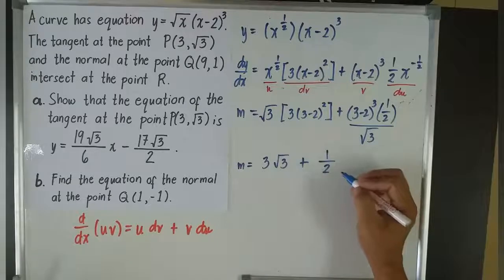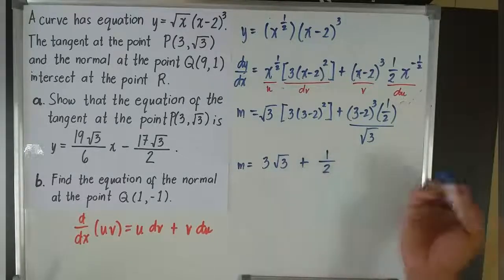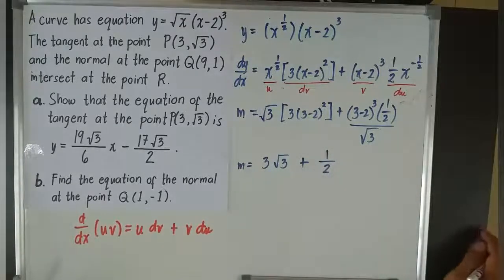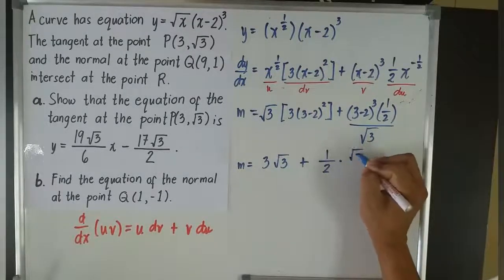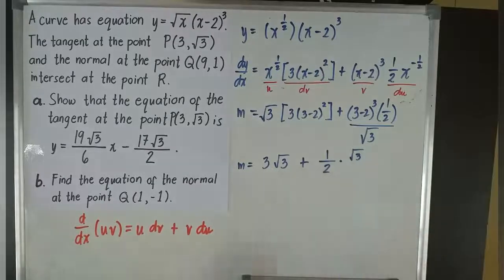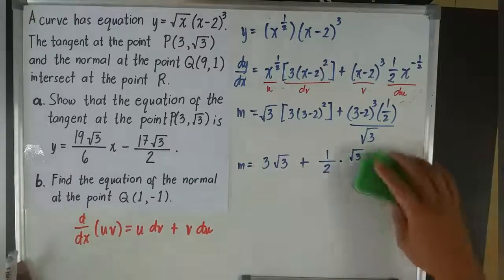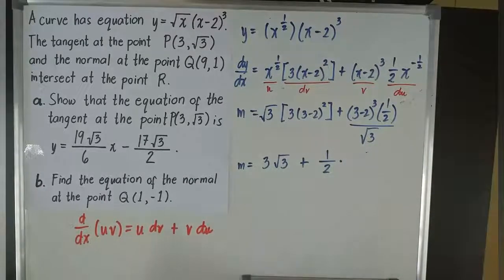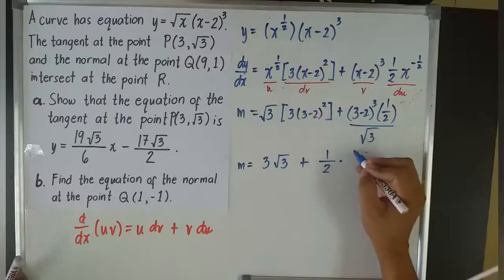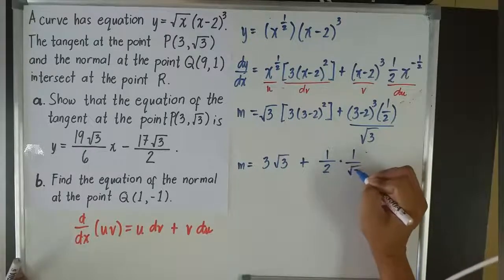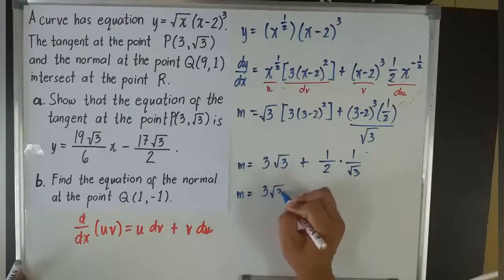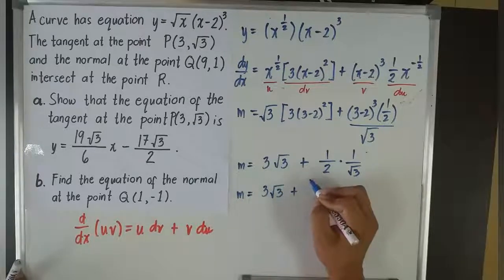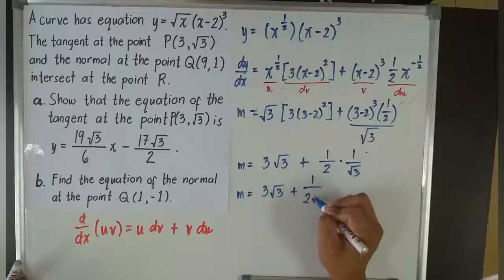Then over square root of 3, 1 over square root of 3, sorry, which is now 3 square root of 3 plus 1 over 2 square root of 3.